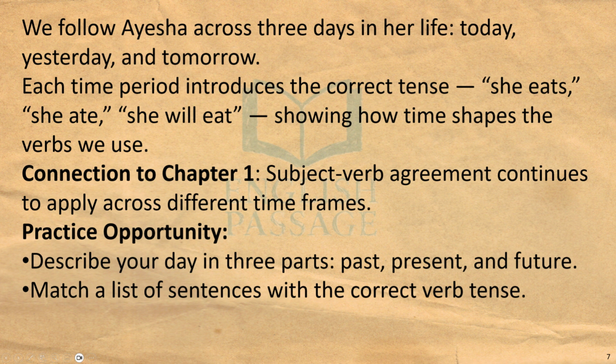Each time period introduces the correct tense. She eats, she ate, she will eat, showing how time shapes the verbs we use. Connection to Chapter 1. Subject-verb agreement continues to apply across different time frames. Practice opportunity. Describe your day in 3 parts: past, present, and future. Match a list of sentences with the correct verb tense.